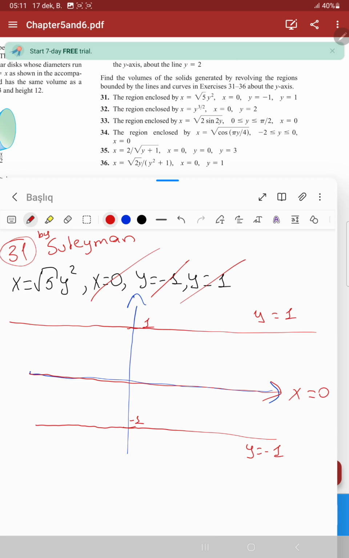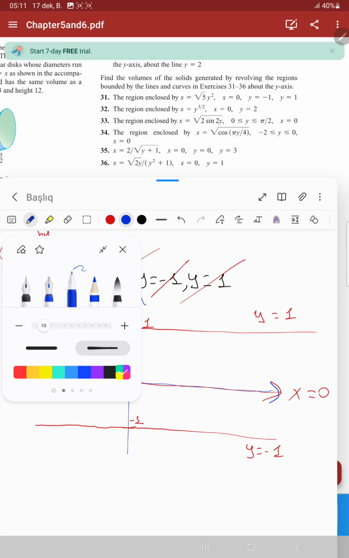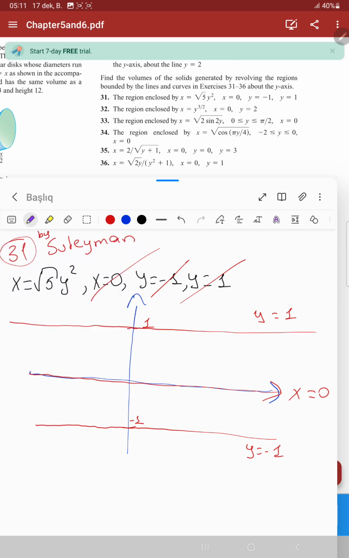Where is the square root of 5y squared? x equals square root of 5y squared. Let's draw it with green. I say green and click blue, purple for example. The square root of 5y squared will be something like this and this.